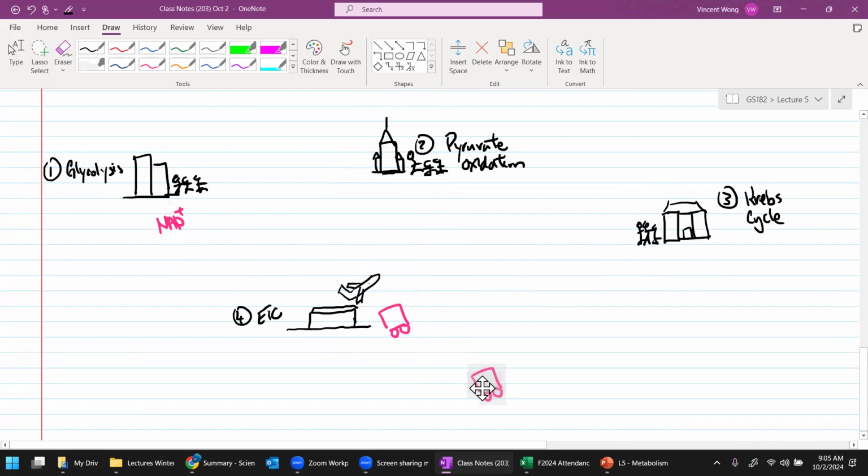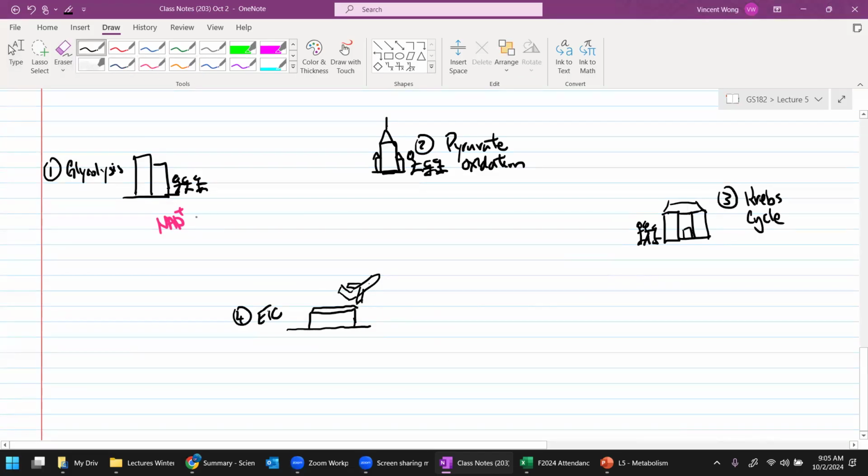Are we together? Okay. Stages 1, 2, 3 release high energy electrons. The energy carrier, the electron carrier, they capture them and bring them to the ETC. Okay. So let me try to draw this out for you in a way that makes sense.